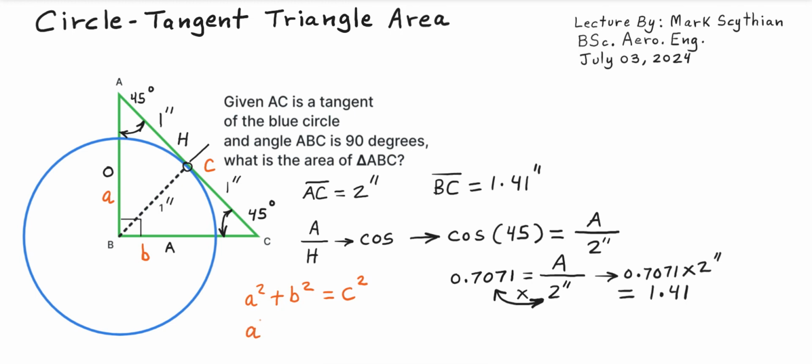So A squared, because we don't know the side of A or its value, plus B squared. B is line B to C, so that's 1.41 squared, then made equal to side C, which is 2 inches squared.